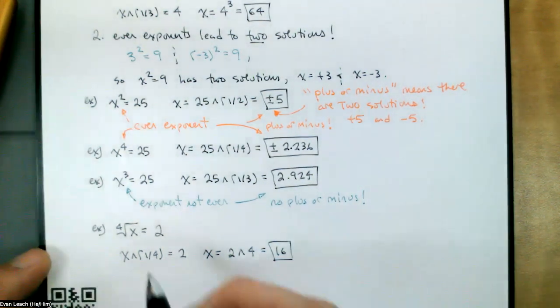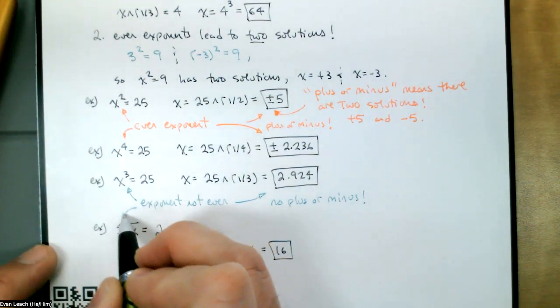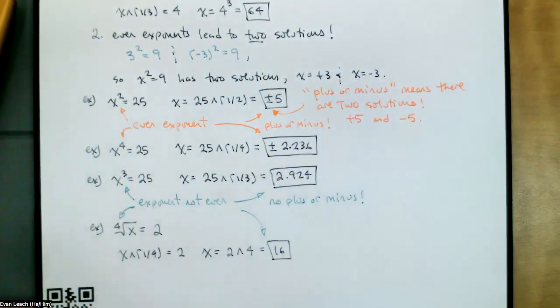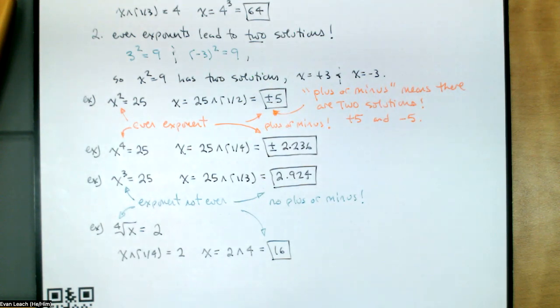So in this case, the exponent is not even. So there's no plus or minus. That 4 is an even number, but it's not an exponent. It's the denominator of the exponent. It's not the exponent itself. It's an index.